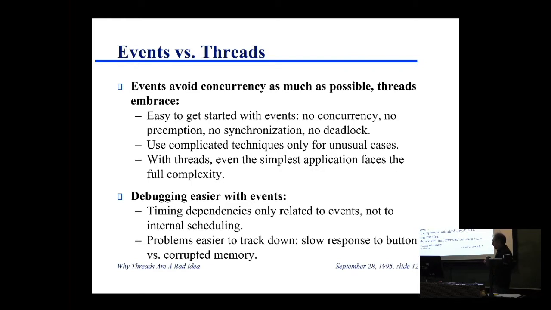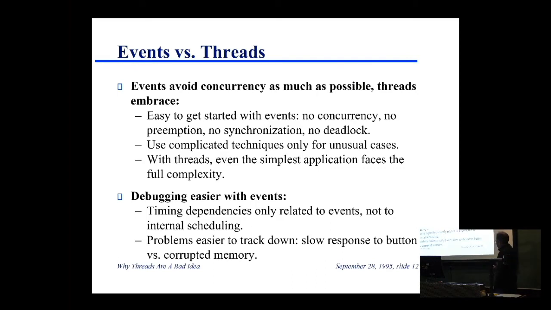We only use complicated techniques for the boundary cases where the event model has an issue, like a long-running handler or blocking. With threads, even the simplest application faces the full level of complexity. Once you've got threads and shared state, you've got concurrency, you've got synchronization, even for the simplest example.